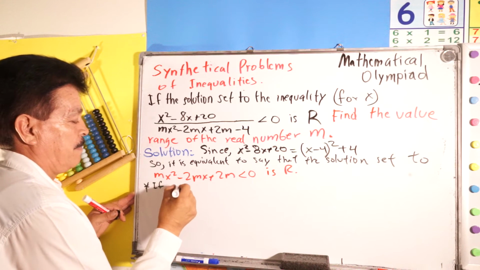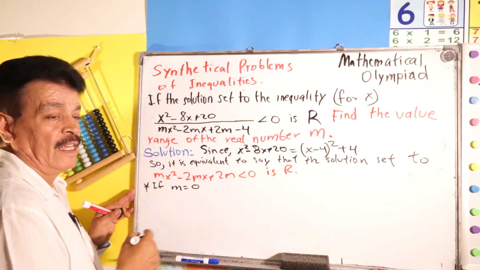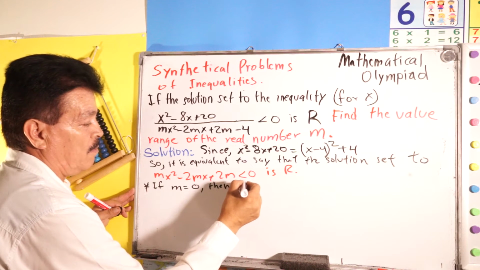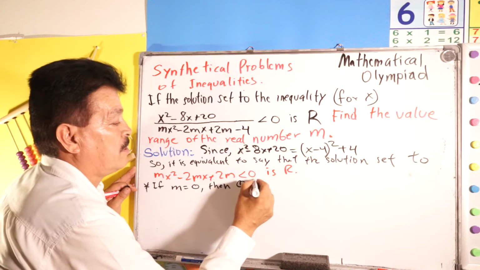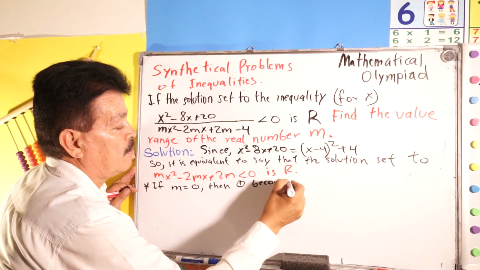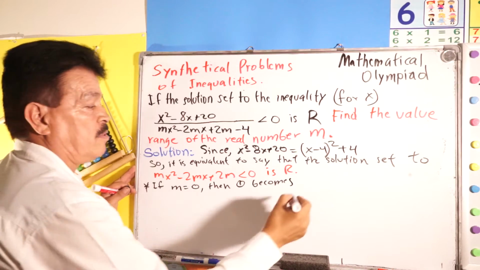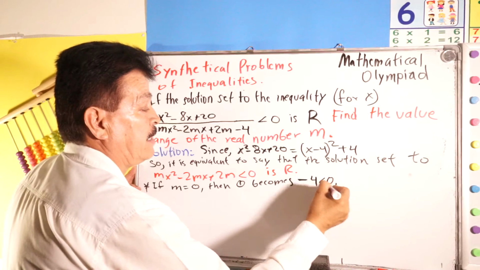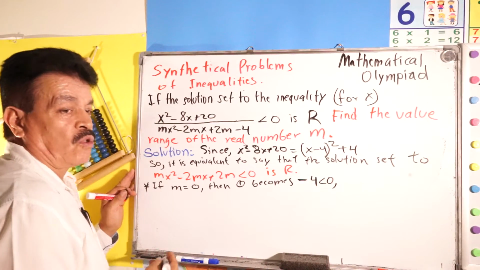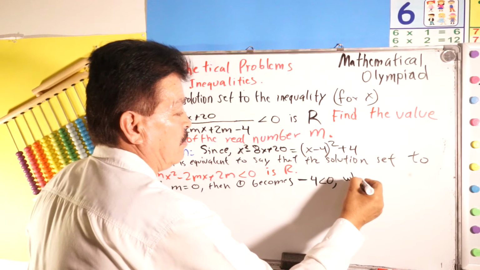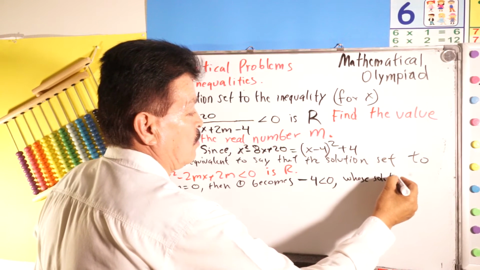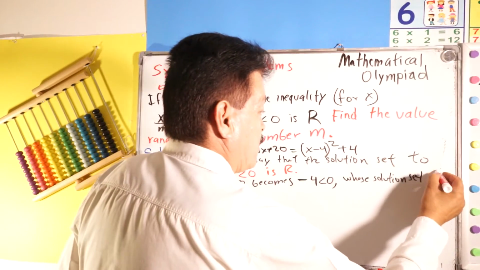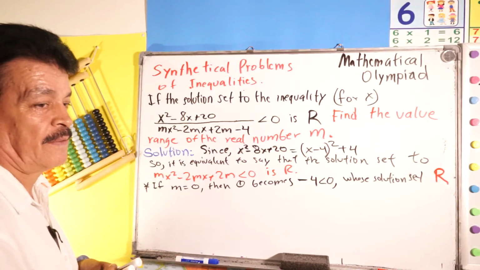If m is equal to 0, then the inequality becomes −4 < 0, whose solution set is R. I mean the real numbers. So this is another idea.